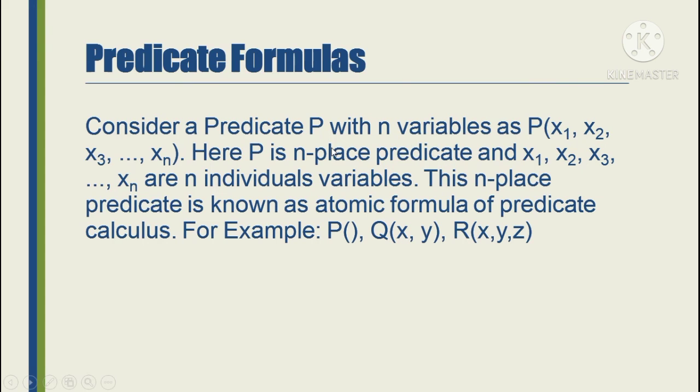Pinahaba lang siya. So, yung X sub N natin, ito yung hanggang dulo, kung ilan lang yan. Predicate and X1, X2, X3, Xn are individual variables. This N-place predicate is known as an atomic formula of predicate calculus.